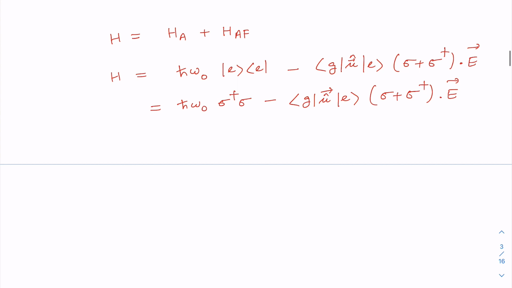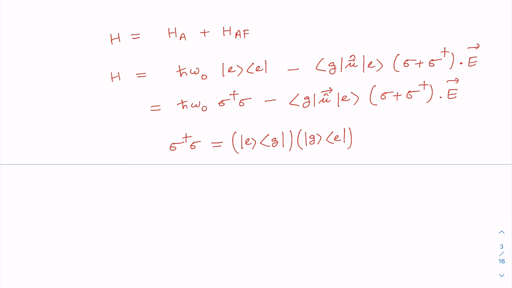Okay, let me quickly show you. Sigma dagger sigma: sigma dagger is the atomic raising operator going from the ground state to the excited state, and sigma is the lowering operator going from the excited state to the ground state. You can always remember it this way, it is easy.